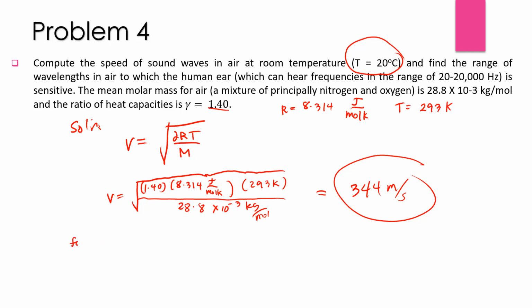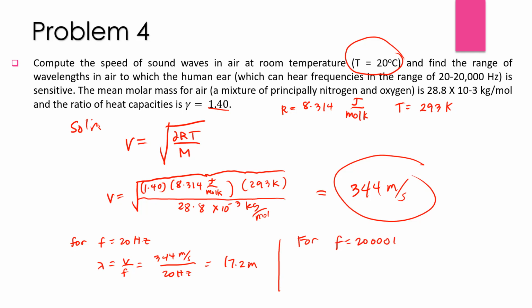So if f is 20 hertz, then lambda is equal to v over f, which is equal to 344 meters per second over 20 hertz. So this is around 17.2 meters. For f equals 20,000 hertz, then lambda is equal to v over f, which is equal to 344 meters per second over 20,000 hertz.